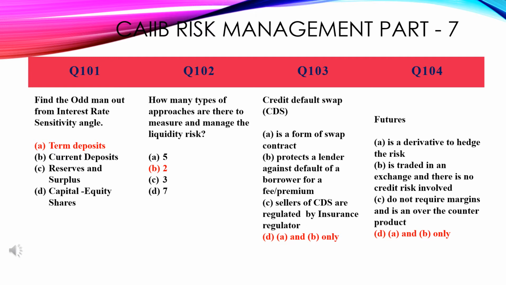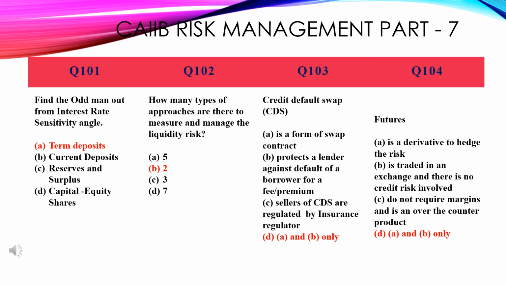The next comes, see, futures contracts. They are traded in exchanges. The presence of a CCP, that is nothing but a central counterparty, who interposes himself as the counterparty between the seller as well as the buyer.